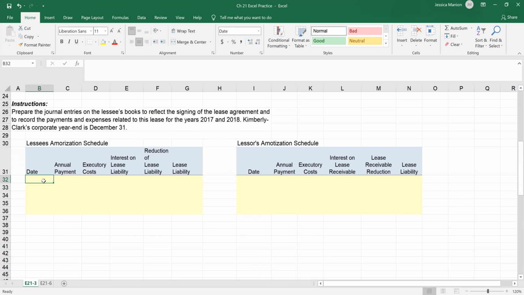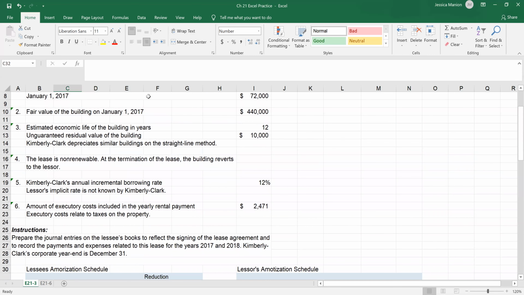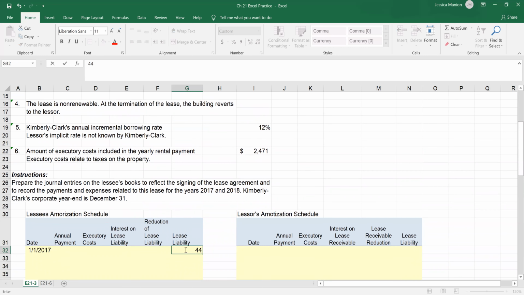So for the leasee, the date of the lease, 1/1/17. Remember, when we start off this amortization schedule, we start off with the fair value of the building, if it is known. And when we're looking at this one, we've got 440,000.